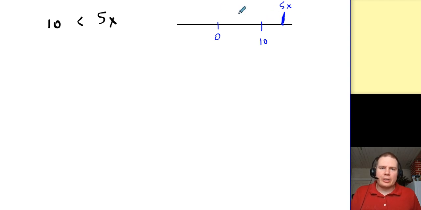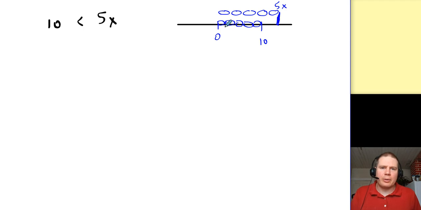So if I chop this into 5 little pieces, 1, 2, 3, 4, 5, didn't quite line up here. There you go. Pretend those are all the same size. And I chop my 10 into 5 little pieces. 1, 2, 3, 4, 5. Right? Can you see that these pieces, if they're all the same size, have to be smaller than all of these?